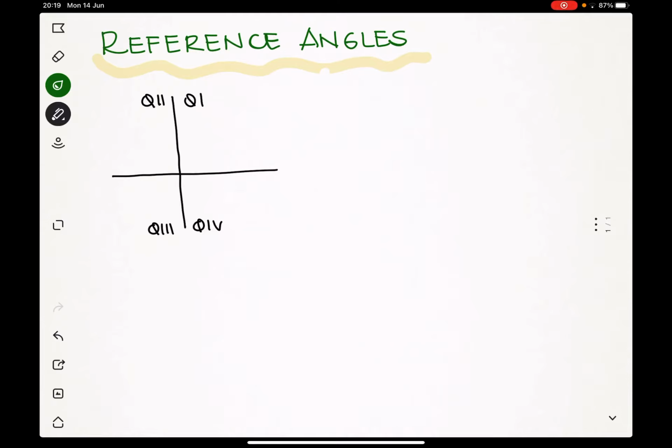We're going to talk today about reference angles. Reference angles are acute angles that go between 0 and 90. And then they are made between the coterminal side and the x-axis.